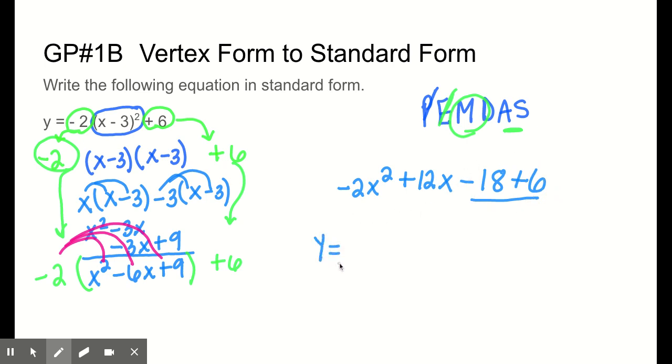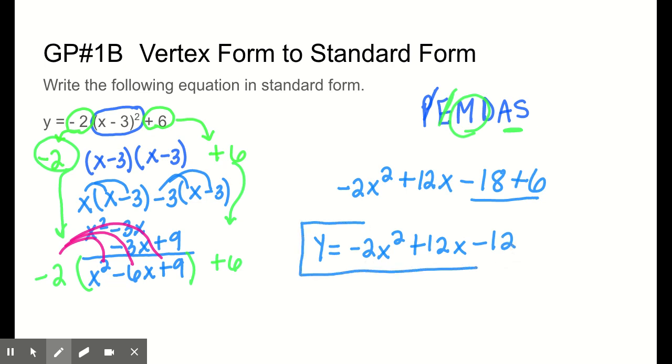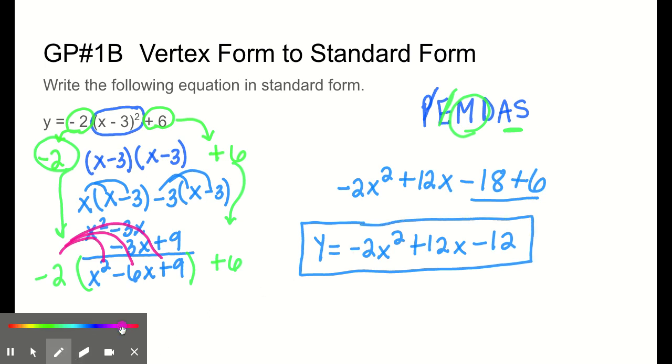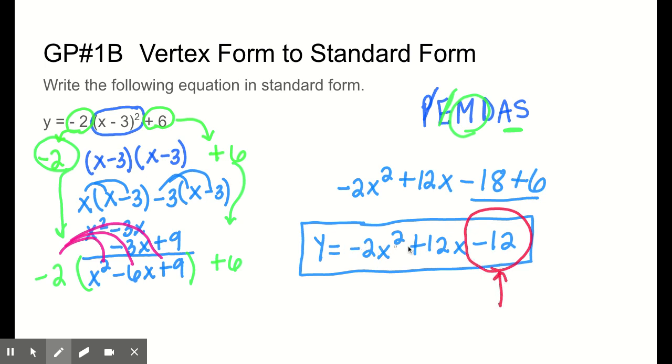So my standard form is y equals negative 2x squared plus 12x minus 12. And that is the equation in standard form. Now, once again, if I ask you to identify the constant of the equation, the constant is that number without the variable. So the constant of this equation would be negative 12.